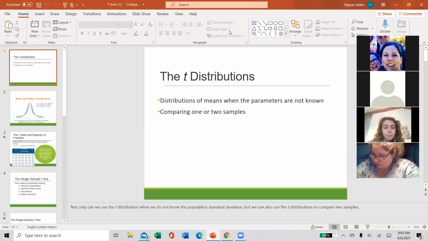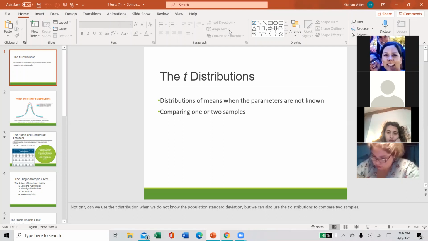The t distribution is used when we do not know the population standard deviation, okay? When we know the population mean and the population standard deviation, we can just use the z-score, or a z-table, okay?